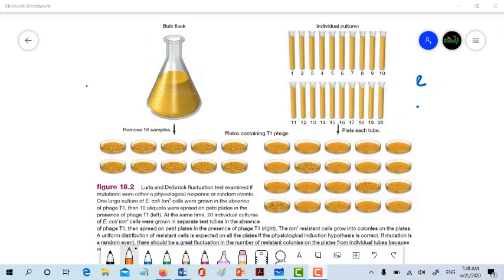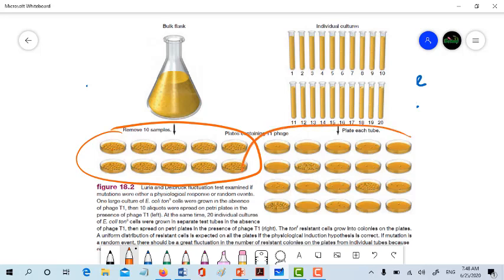As you can see in this diagram, which is diagrammatic, it is telling you the results. Now, these are the controls. The number of dots in each Petri plate is almost the same. That means that since these cells were of a similar kind, they have produced a similar number of resistant colonies.